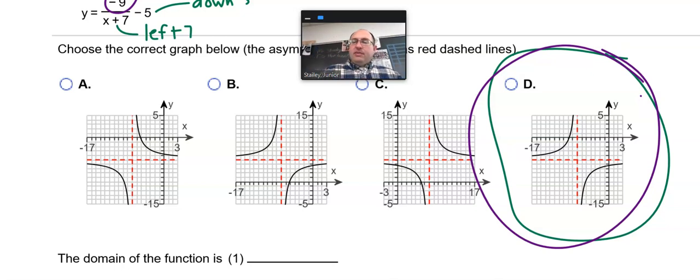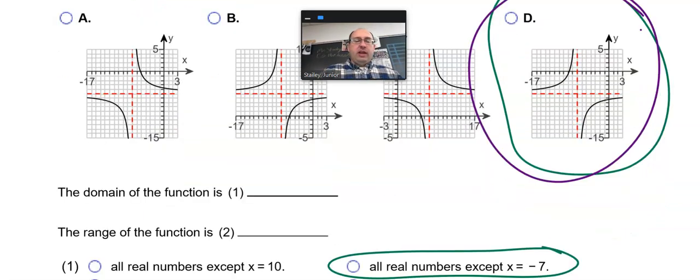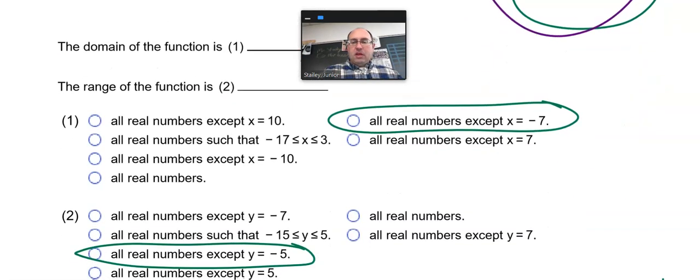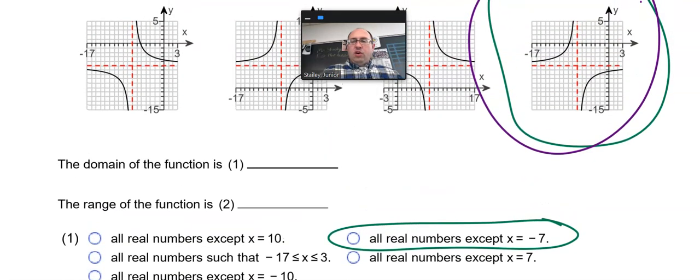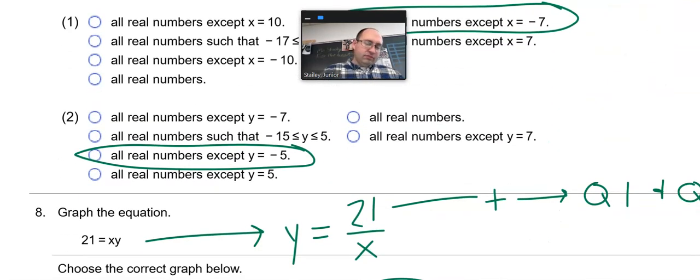So everything except -7 is going to work for the domain. Everything about y is going to work except for -5 because of the horizontal asymptote thing.